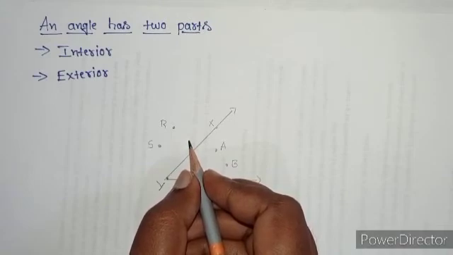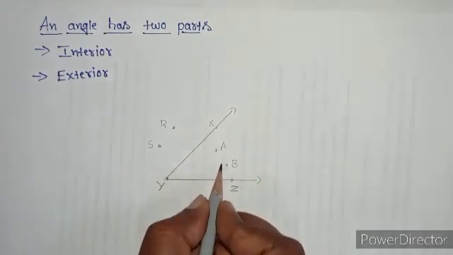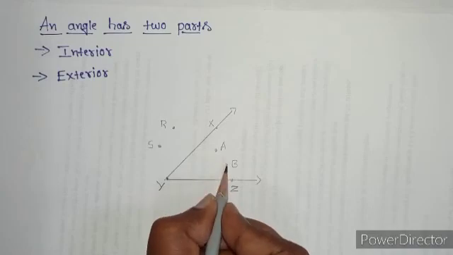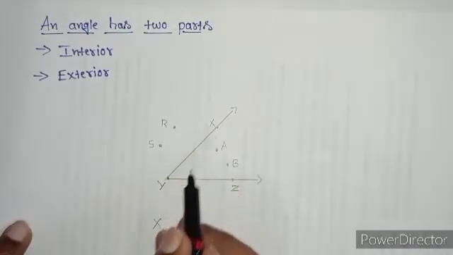A point is a fixed location and it cannot be moved. A point may be represented by drawing a dot on the paper.